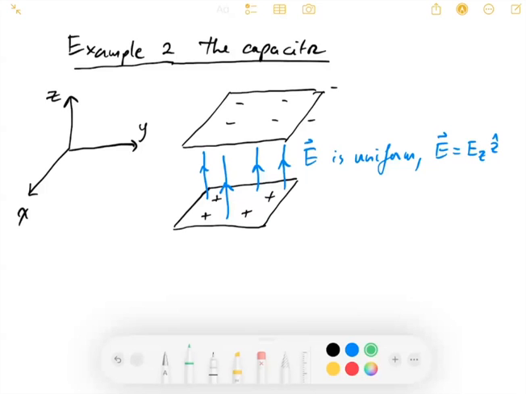Now, anybody want to take a guess what direction the force is going to be on the plates? Are these plates being pushed apart or are they pulled together? Think about that for a minute.